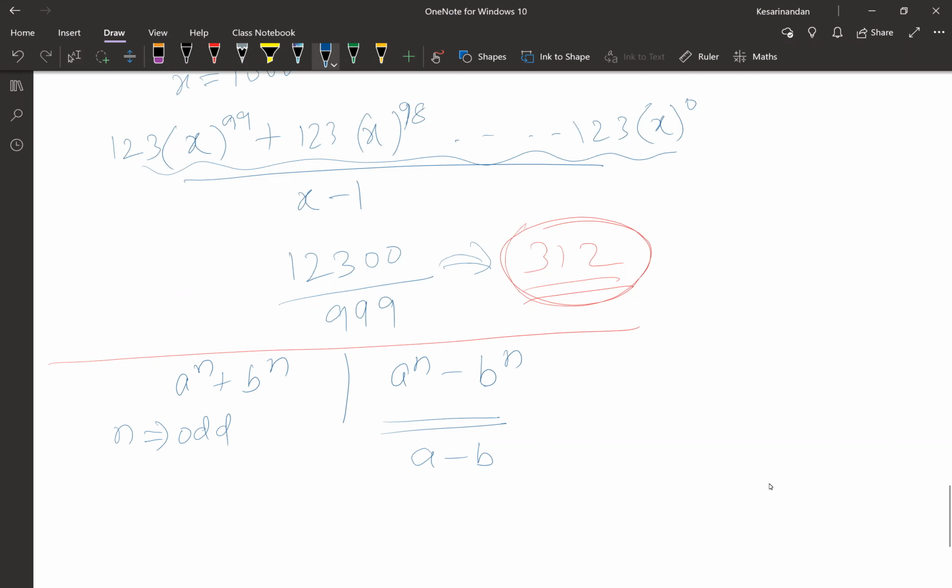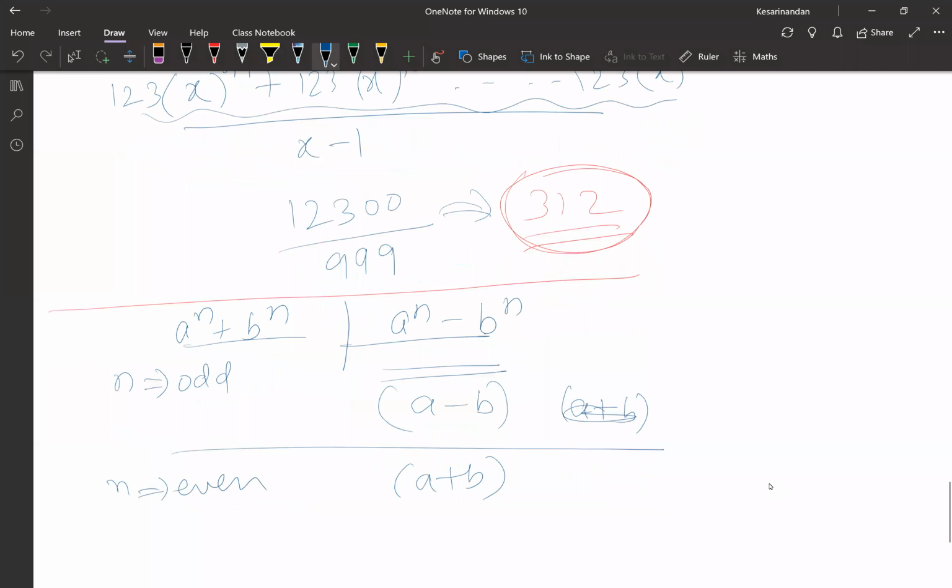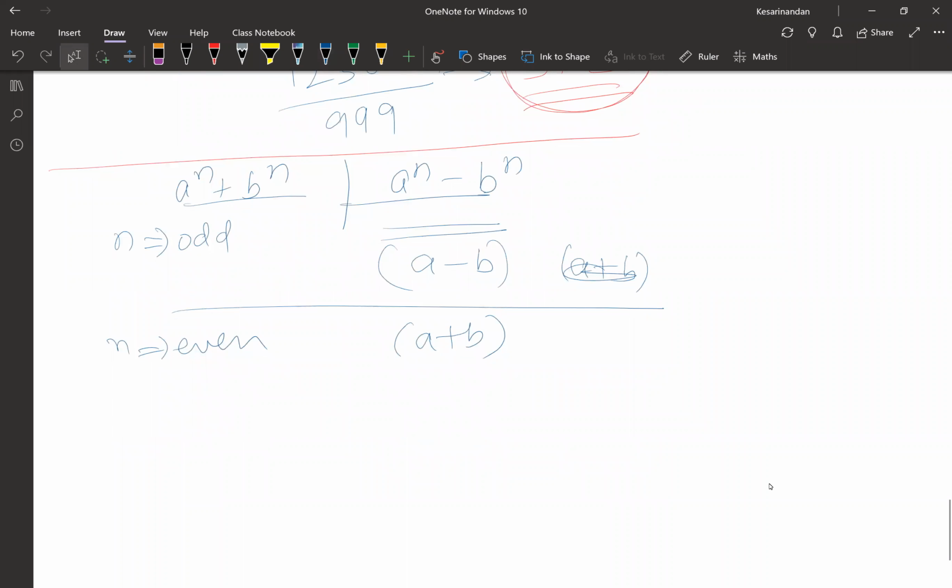And when n is even, it will always be divisible by a plus b. It applies to both cases, this as well as this. When n is even, it will be divisible by a plus b, that means the remainder will be 0.